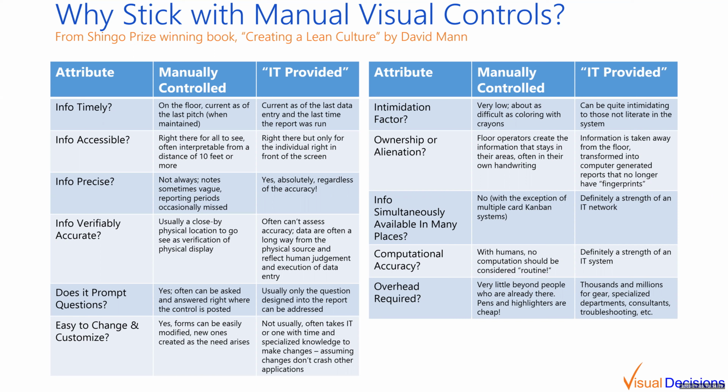What I don't agree with are some of the points he makes in terms of why you should stick with manual visual controls instead of going to a system. A lot of these were true back in the very early 2000s, because the systems and displays we had at the time weren't nearly as robust or flexible as what we have today.